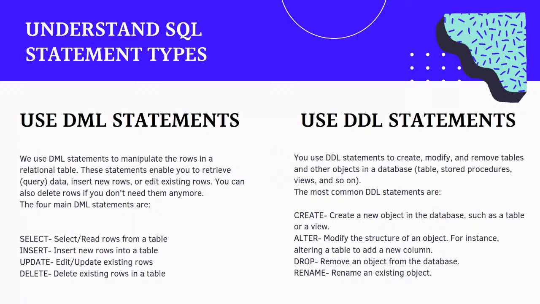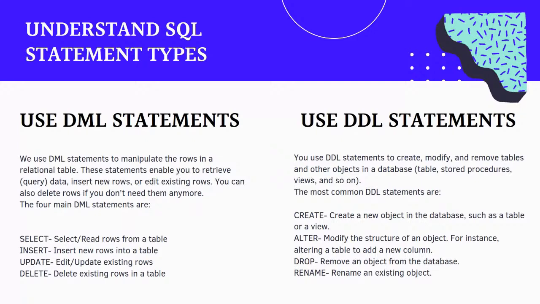Then we have the alter command. The alter command is used to modify the structure of any object, to modify the structure of any table, like altering a table to add a new column, or to remove a column. Then we have the drop command. The drop command is used to remove the whole object from the database, such as a table.